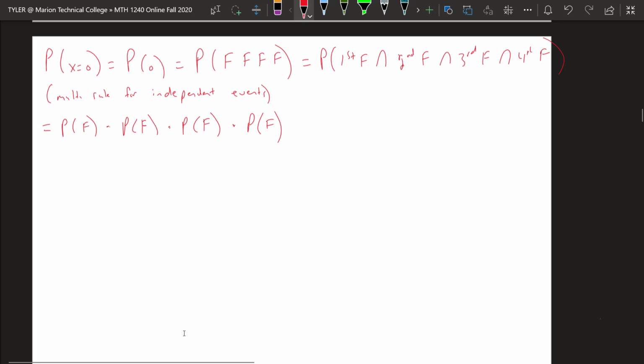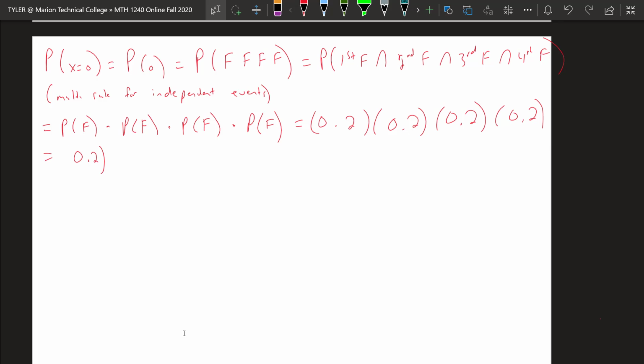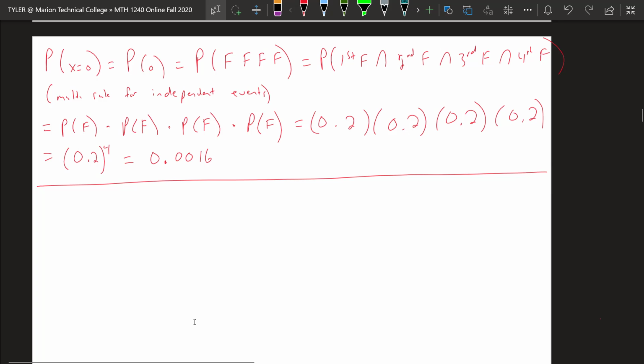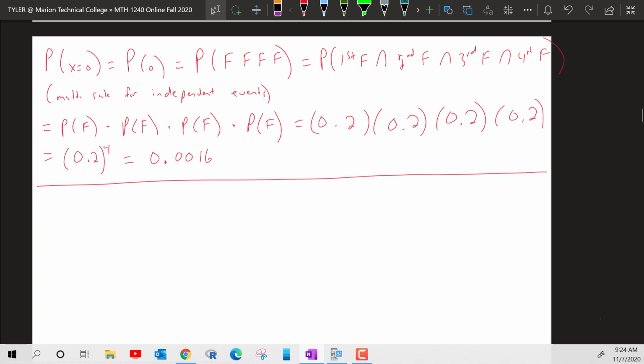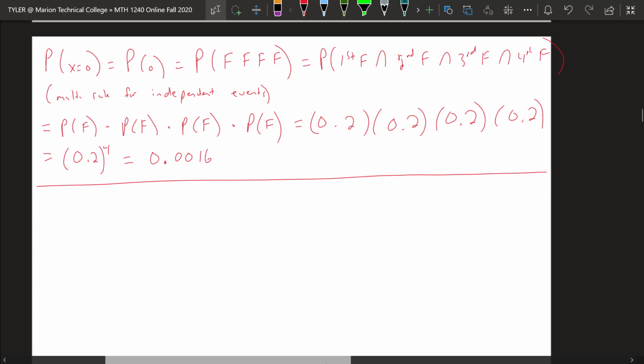So this ends up being 0.2 times 0.2 times 0.2 times 0.2, which is 0.2 raised to the fourth power, which comes out to be 0.0016. So we could fill that in on the table.